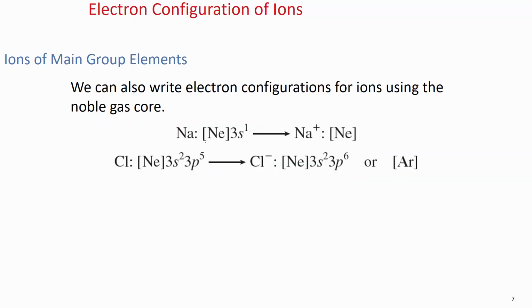So that's what they're showing here using the abbreviated or noble gas core, and you can see that sodium, with its 3s1 electron, loses that outer shell electron and becomes isoelectronic with neon. Here's chlorine. It's got 5 electrons in the p sublevel, gains an extra electron in the p sublevel, and becomes isoelectronic with argon.